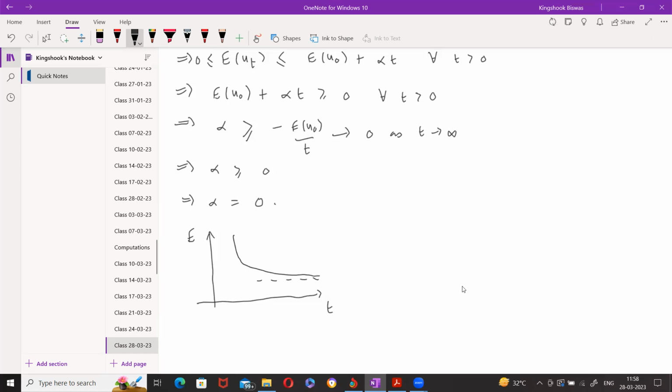The energy also converges to a limit because it's monotone decreasing and bounded below, right? So this is that limit, if you like, E infinity. And the slope has to tend to 0. But now the slope is what? Thus, d/dt of the energy, remember, this was minus the integral of norm tau u_t squared.